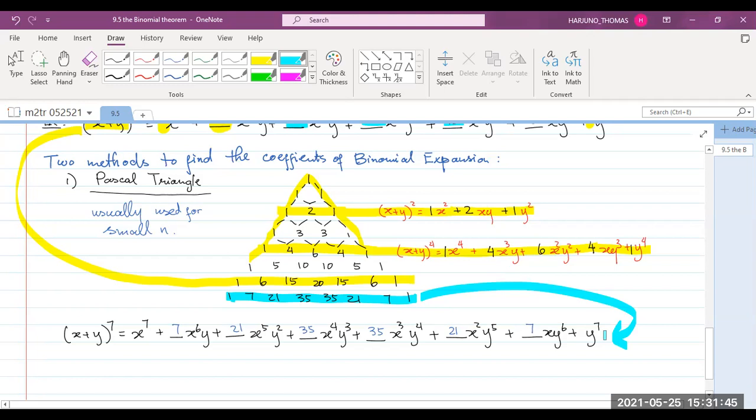Okay, so for the variables, we know that the first variable will start from n degree and go down. The second variable will start from 0 degree and then go up. And then the coefficients you can get from Pascal's triangle.